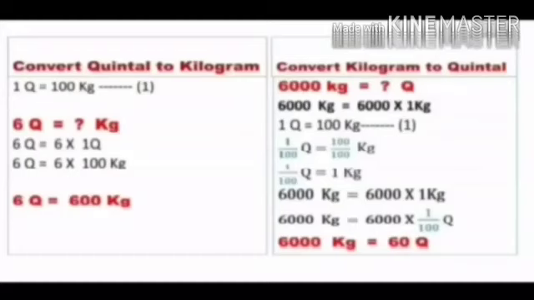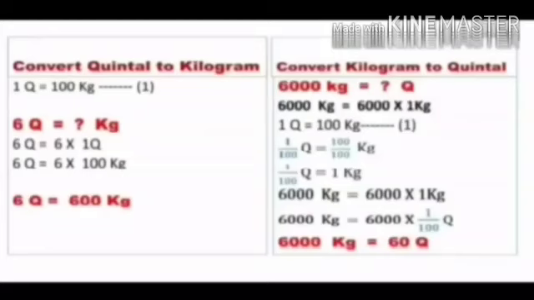This will be 1 over 100 quintal is equal to 1 kilogram. That is 1 kilogram is the 100th of quintal. This we are going to use to convert kilogram into quintal.